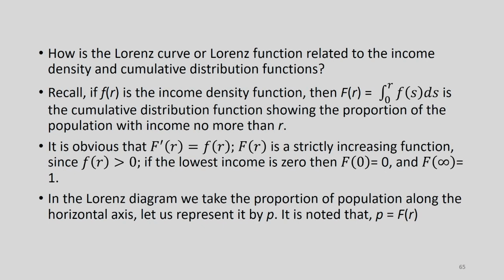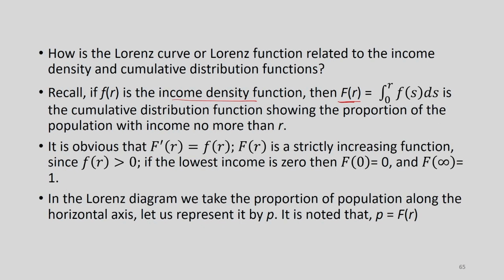Recall, if f(r) is the income density function, then capital F(r) is the integral from 0 to r of f(s) ds, the cumulative distribution function, and it shows the proportion of the population with income no more than r. So, r is the level of income, and F(r) shows the proportion of the population whose income is not greater than r.